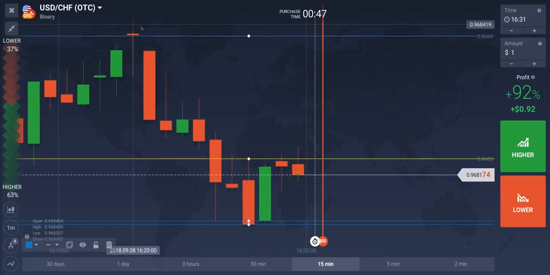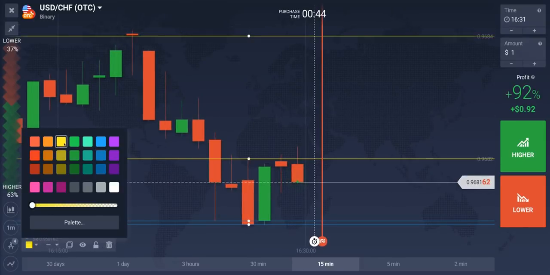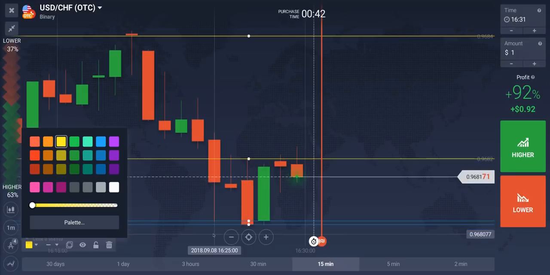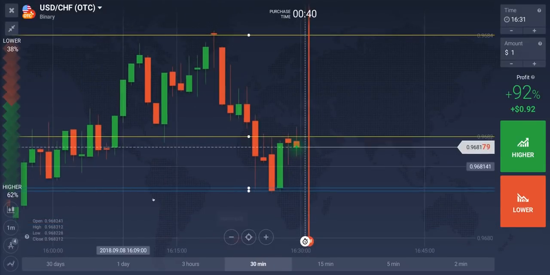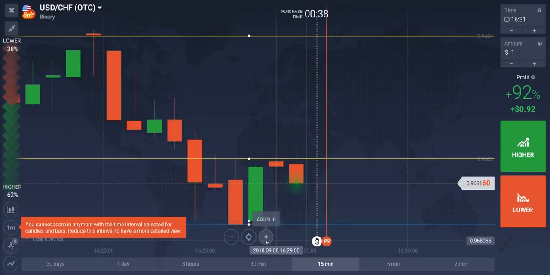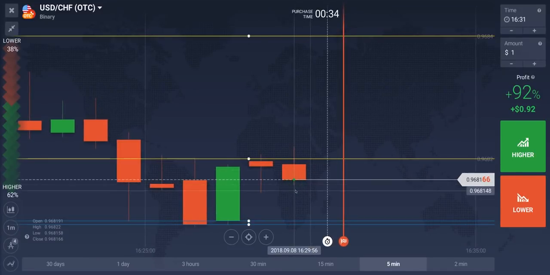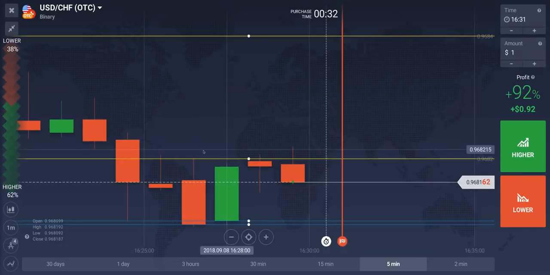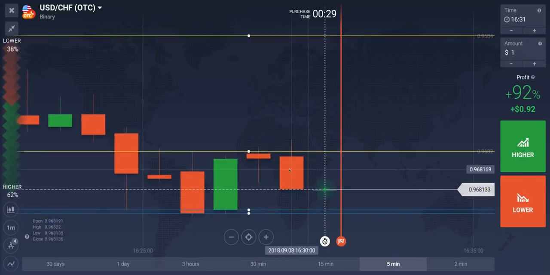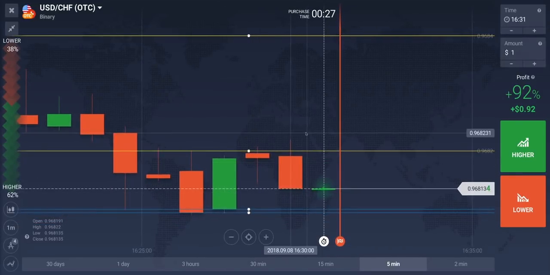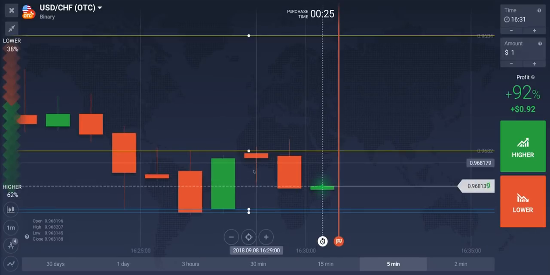So this is the major level which the market reversed from an uptrend to a downtrend. But based on this candle, even though it's rejected and going down, when you look at this engulfing, actually this minor direction is upwards.